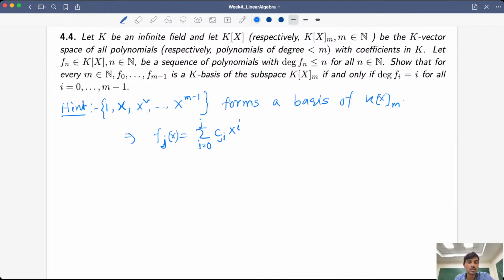Now you can use the problem given in the assignment, 4.2, that says this forms a basis.